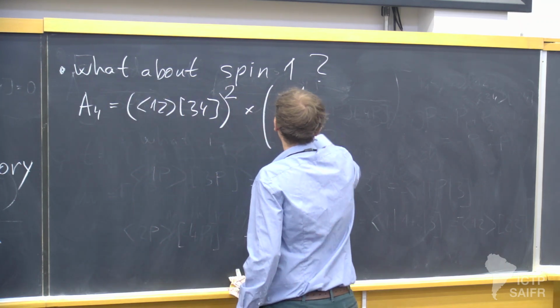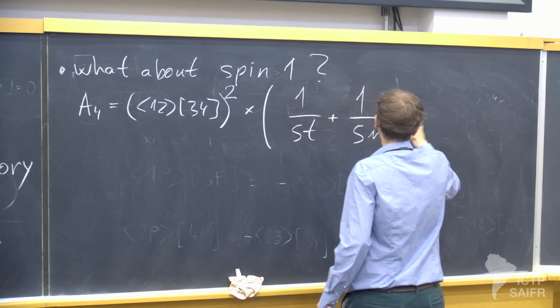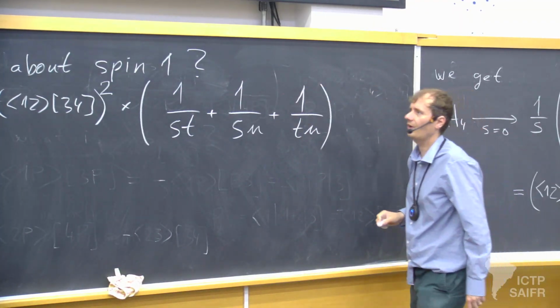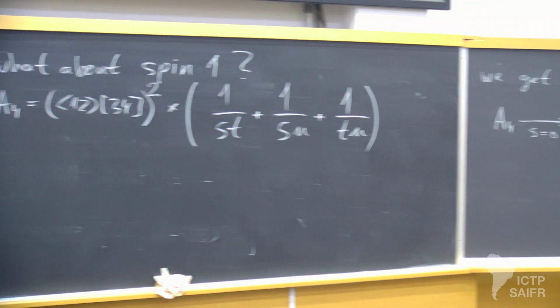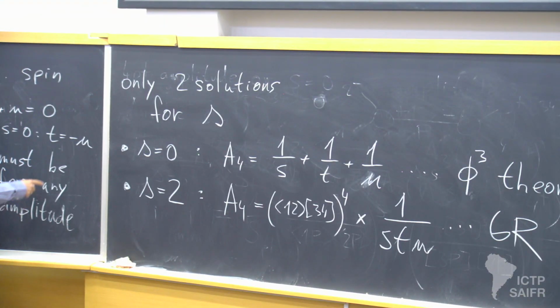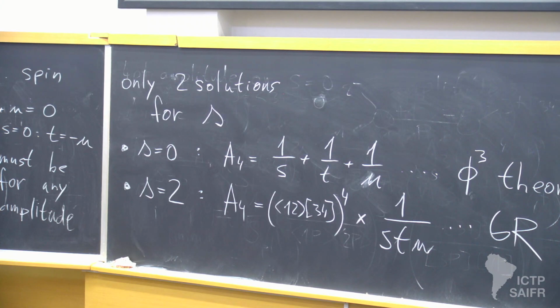And then it looks like I can write that. Because on each pole, on an S pole, I should generate 1 over T, which is the same thing as 1 over U. On a T pole, 1 over S, and so on. You see that there is something fishy here. Maybe I should put some 1/2 or something like that.